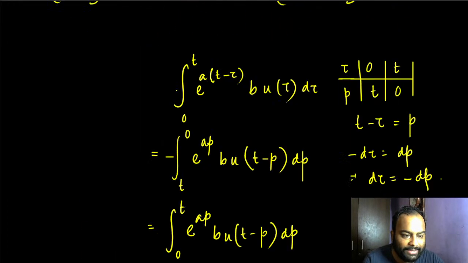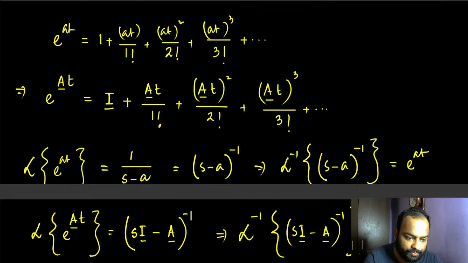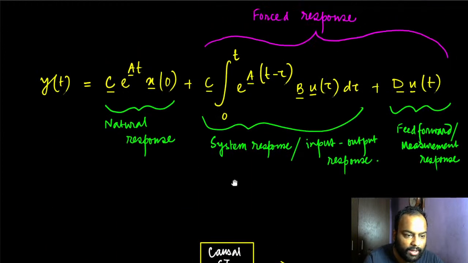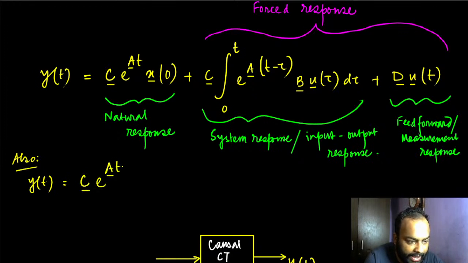So with that being said, let's get back to this originally, because we are going to write another one here. It could also be the same thing. That's y of t. Here we don't have anything else. C e to the power at x0 plus c times this integration. Only the change happens here.